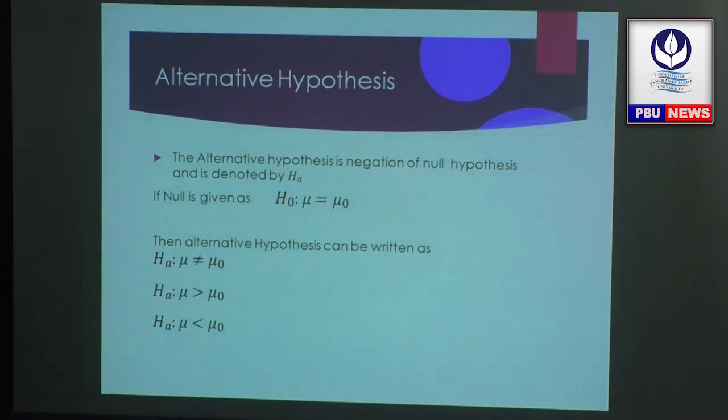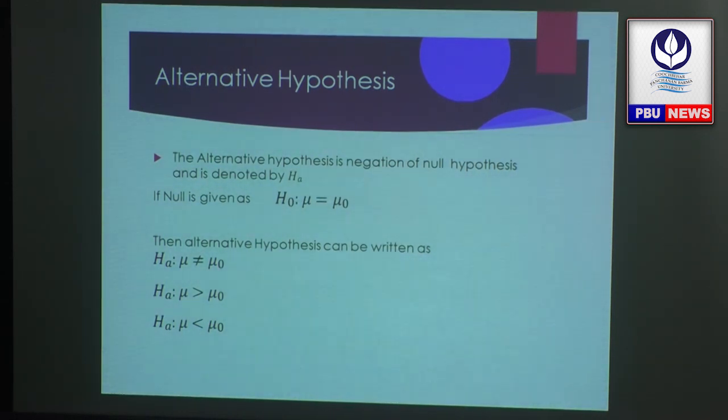Mainly, hypotheses are of two types: first is the null hypothesis and second is the alternative hypothesis. The alternative hypothesis is just the opposite of the null hypothesis. The null hypothesis H0 is written as mu equals mu 0, and then the alternative hypothesis can be written as HA or H1, which is the same thing, mu not equal to mu 0.